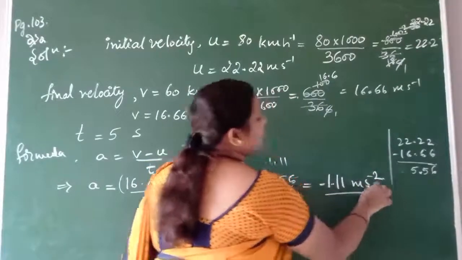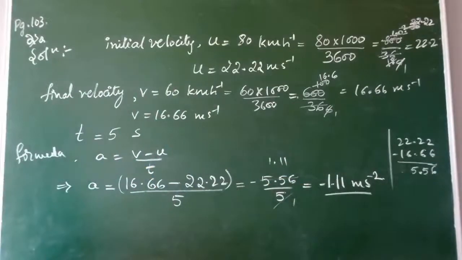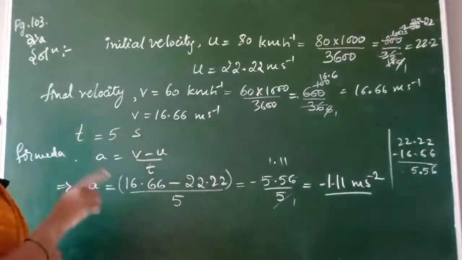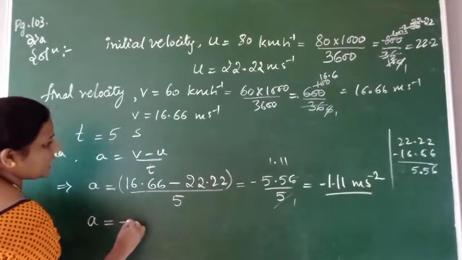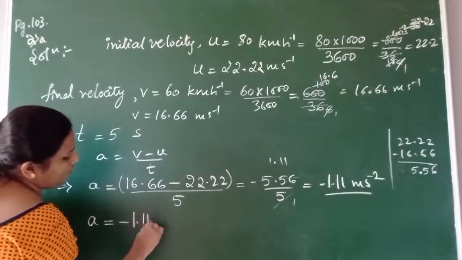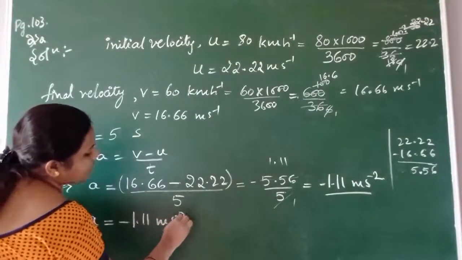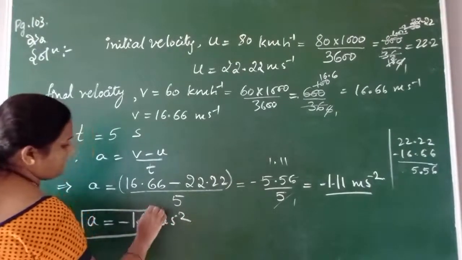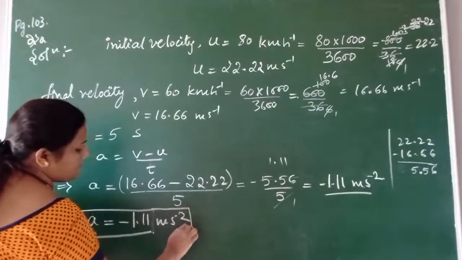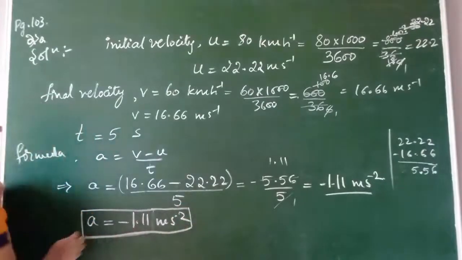This is the unit of acceleration, children. Always you should write the units. So what is the acceleration, children? Minus 1.11 meter per second square is the acceleration.